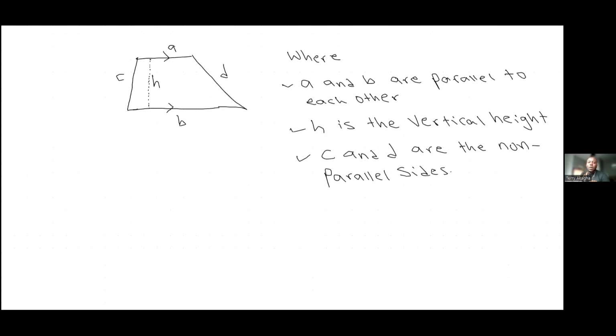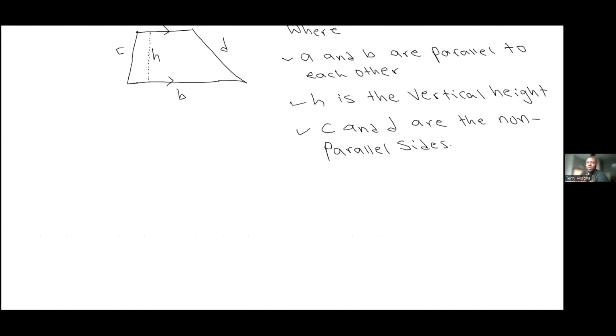Because I'm aware that students will take notes, I'm going to quickly write down the definition of a trapezium. A trapezium is a quadrilateral with one pair of parallel sides.